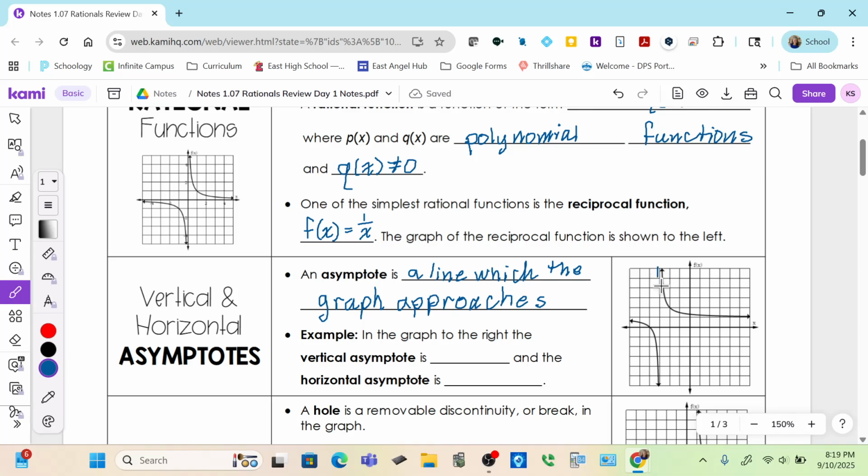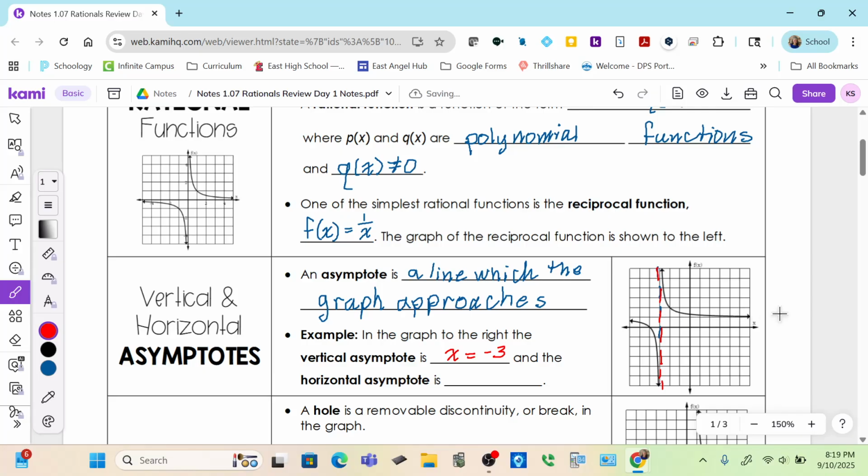In red here, I'm marking the vertical asymptote, and that vertical line has an equation of x equals -3.